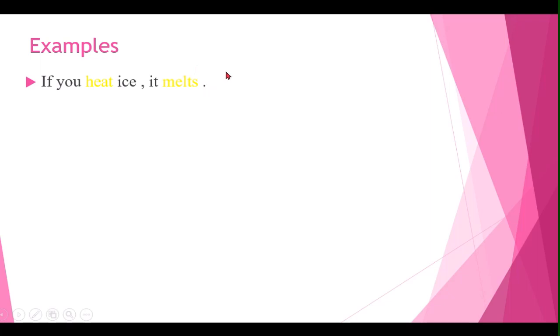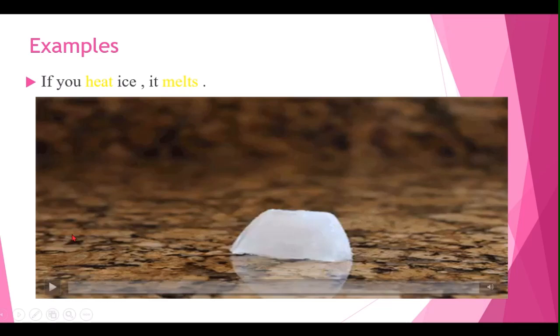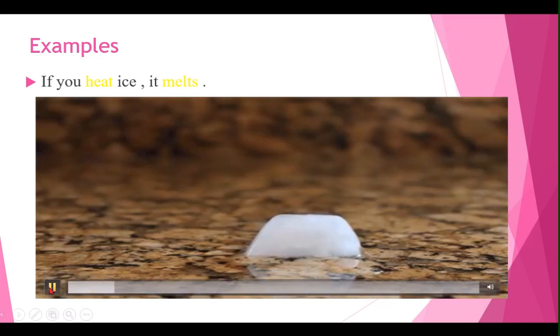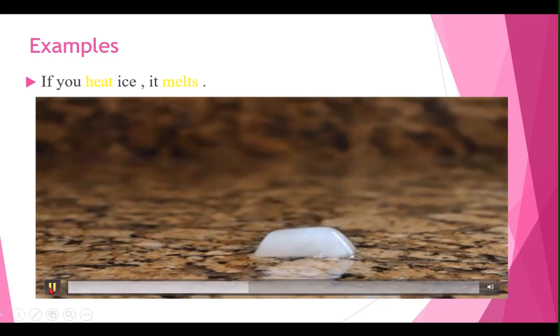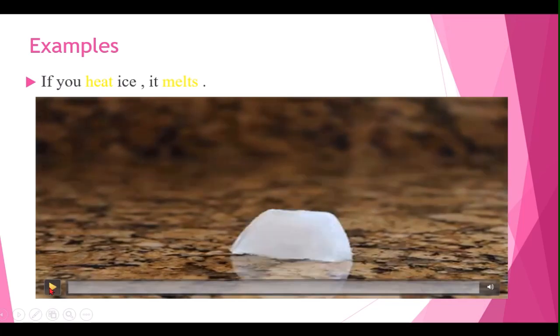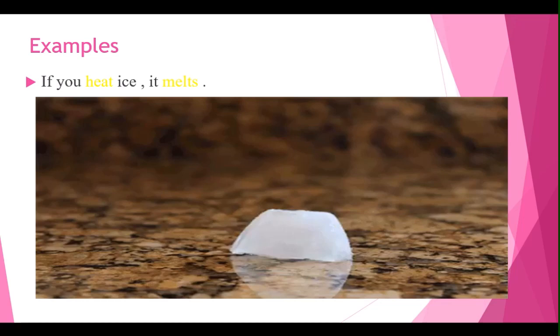Now let's take a look at the meaning of this sentence. If you heat ice, it melts. Like here in the video, it means if you put ice on fire, or we have a high degree of temperature, automatically it melts.